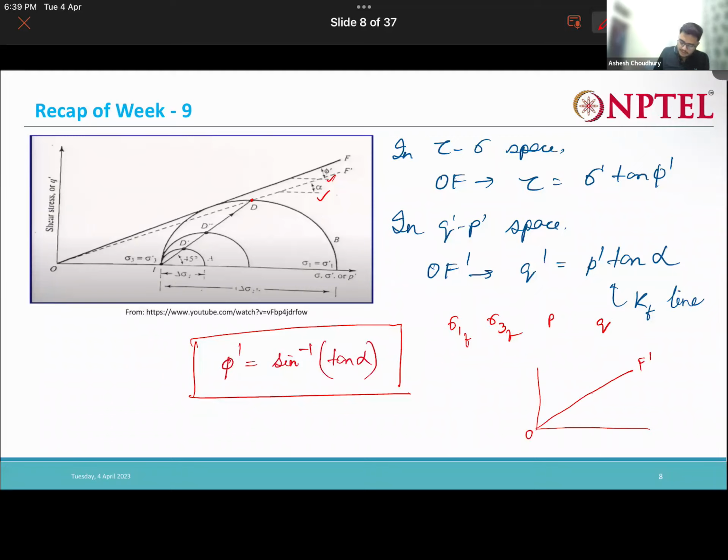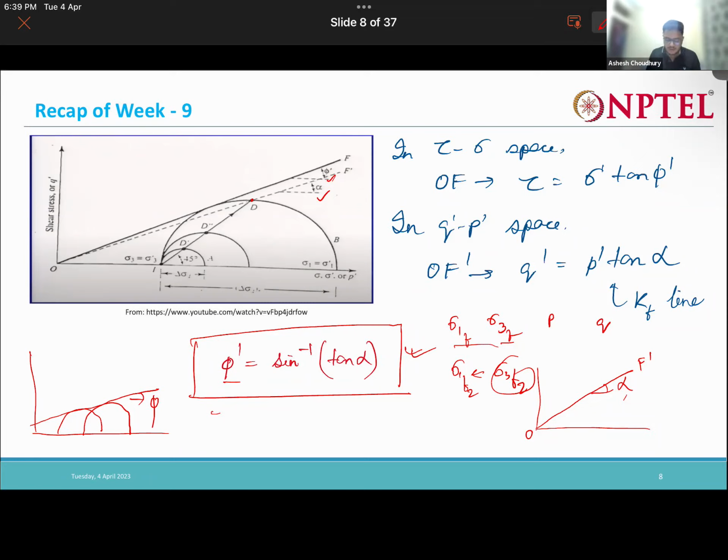From there you can measure your alpha, and from alpha you will get the phi value. Again, if you want to check this, you can use these values to draw your Mohr circle. For different sigma 3 you will get different sigma 1 at failure. So if you draw this and measure the phi value, you can check whether this relation holds true or not.